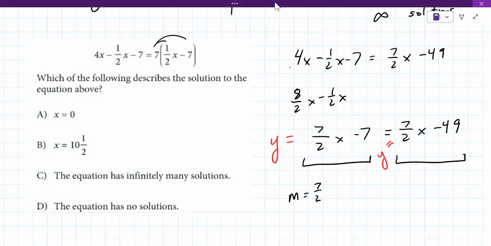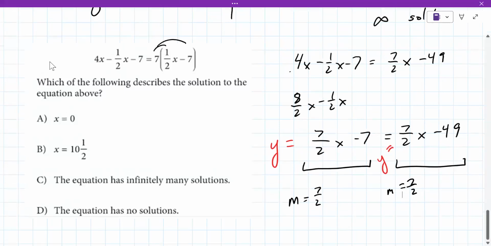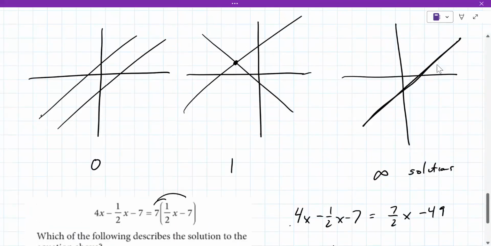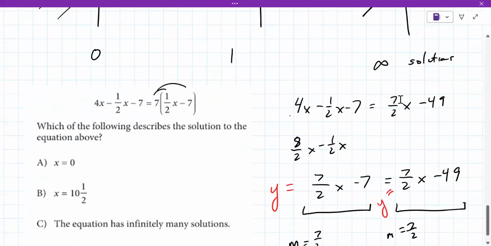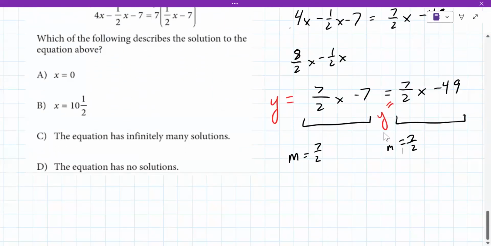They both have the same slope. That's potentially bad, because lines that have the same slope are either parallel or they're the same line. Now their b value is different, -7 versus -49.